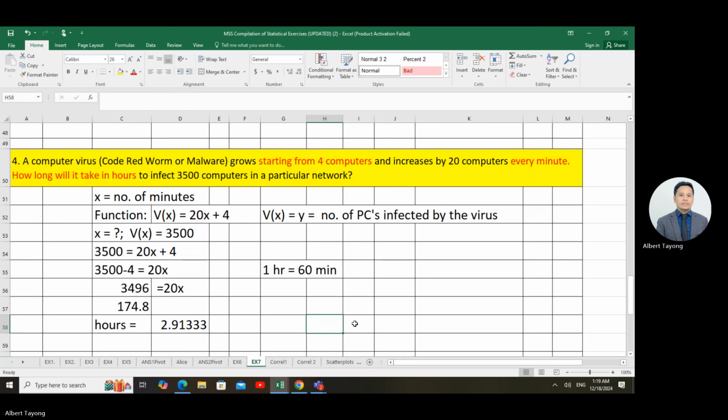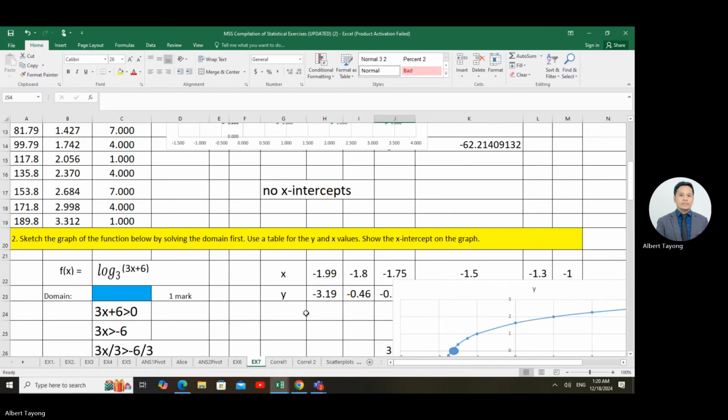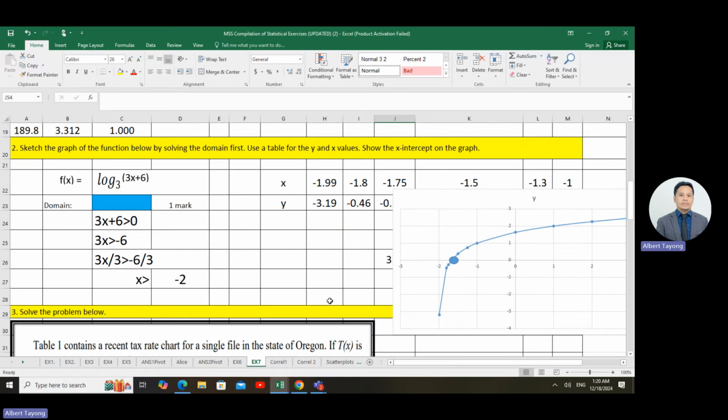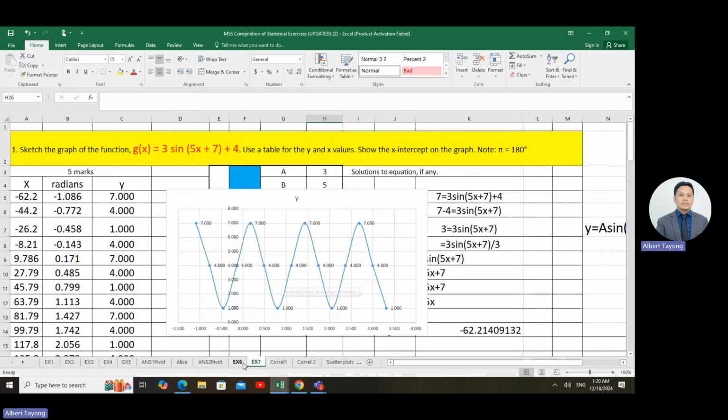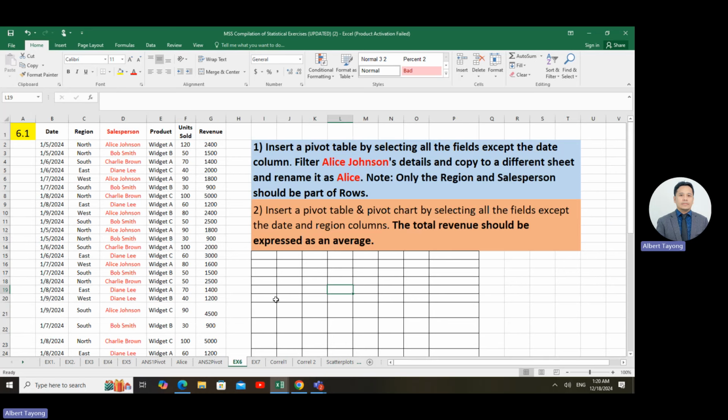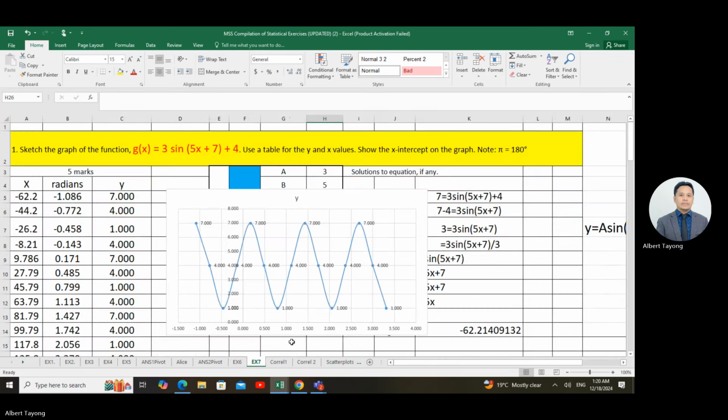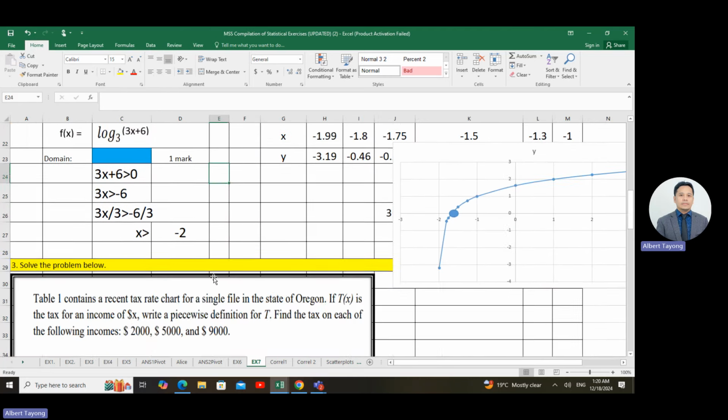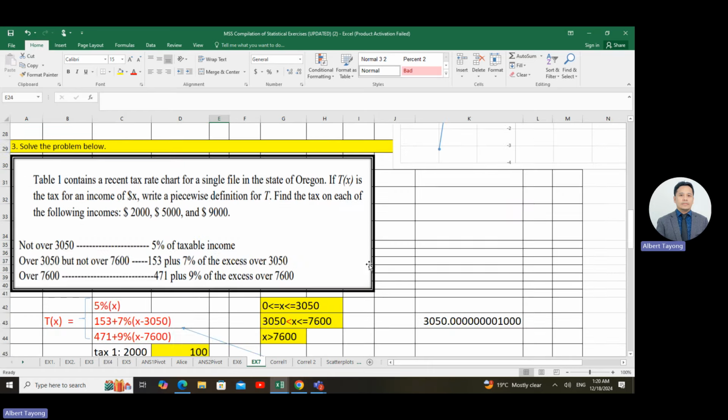So to infect 3,500 computers, we have to wait until almost 3 hours. So that's the answer. That's all for today. I'm going to continue later. I have answered EX6 about pivot table and pivot chart, and EX7 about sine function, logarithmic function, and piecewise defined function.